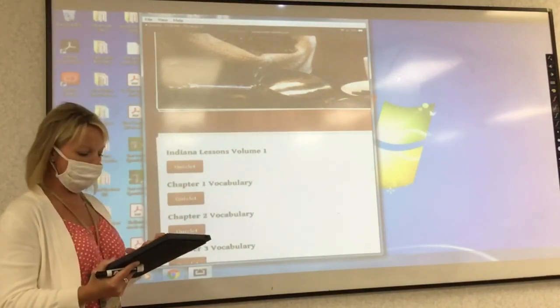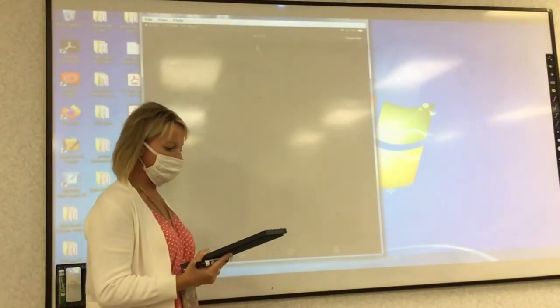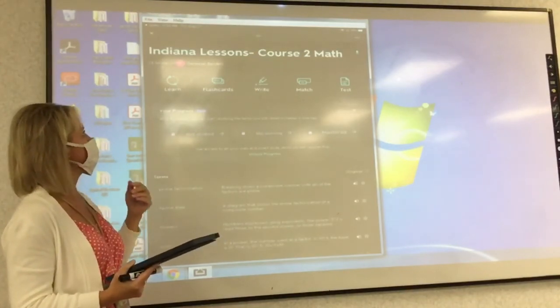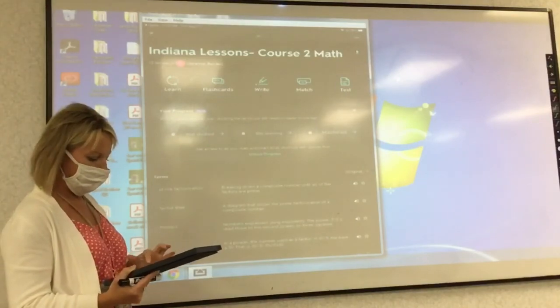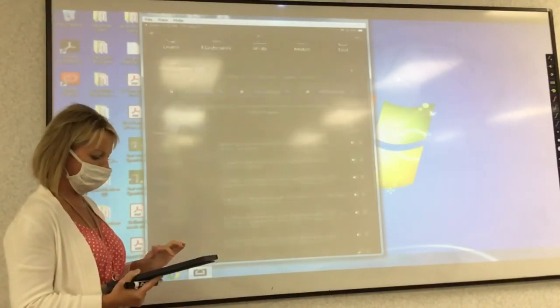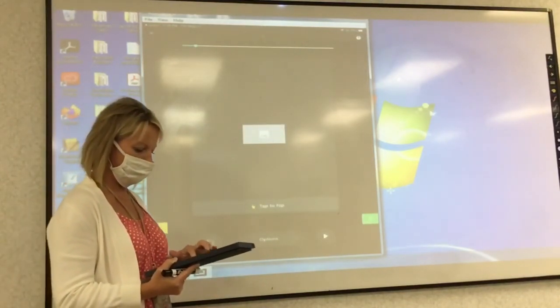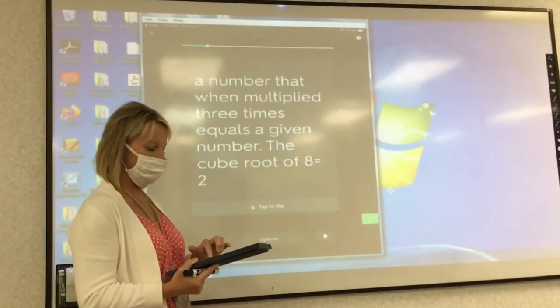If I click on the Quizlet, it's going to pull up my Quizlet, Indiana Lessons, Course 2, Math 1. All the terms are down here, so I might want to read through all those terms first. Or I can do it by doing a flashcard and keep going, right?